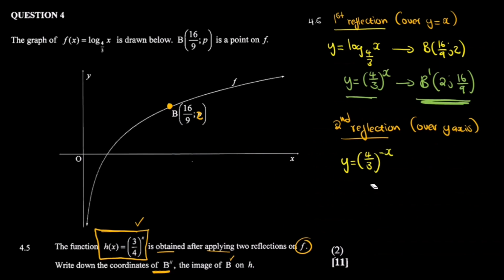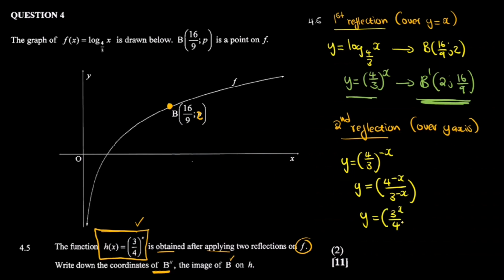If we work this out, we have y equals 4 to the exponent negative x over 3 to the exponent negative x. If you want to make this exponent positive, you put it in the denominator, so we're basically going to swap and have 3 over 4.